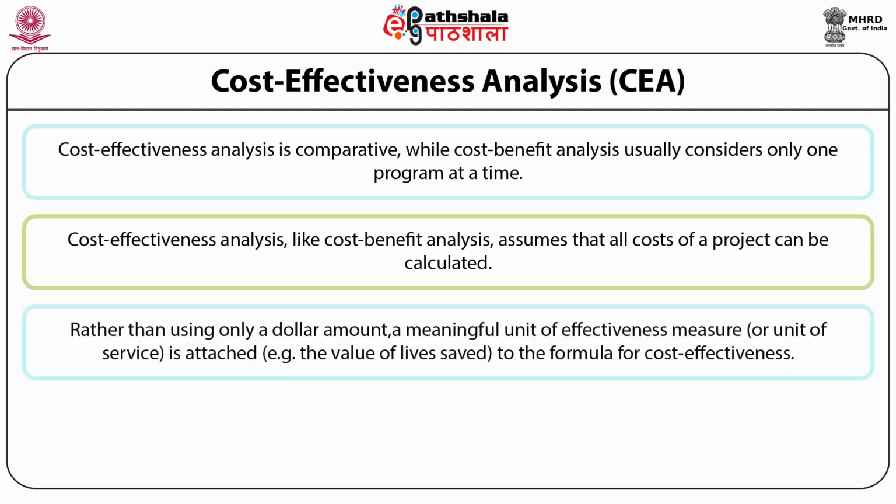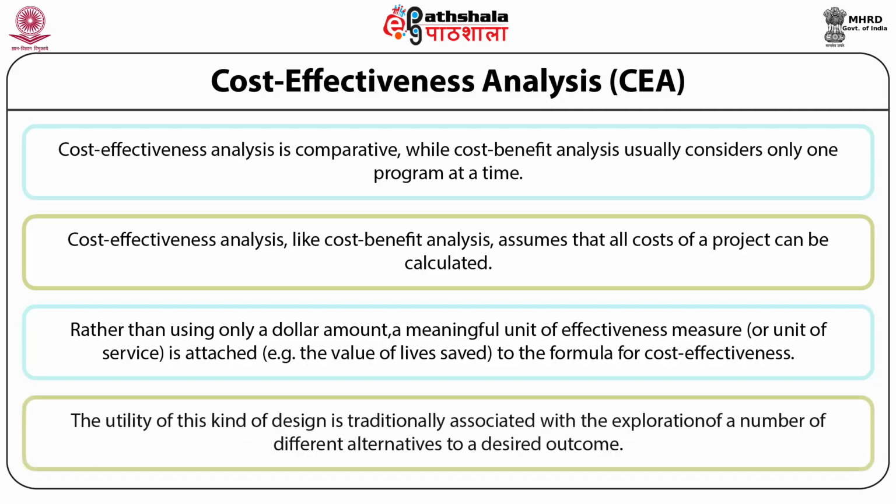Rather than using only a dollar amount, a meaningful unit of effectiveness measure, or what we call a unit of service, is attached to the formula for cost effectiveness. In the previous example, we have seen the value of lives saved. The utility of this kind of design is traditionally associated with the exploration of a number of different alternatives to a desired outcome.